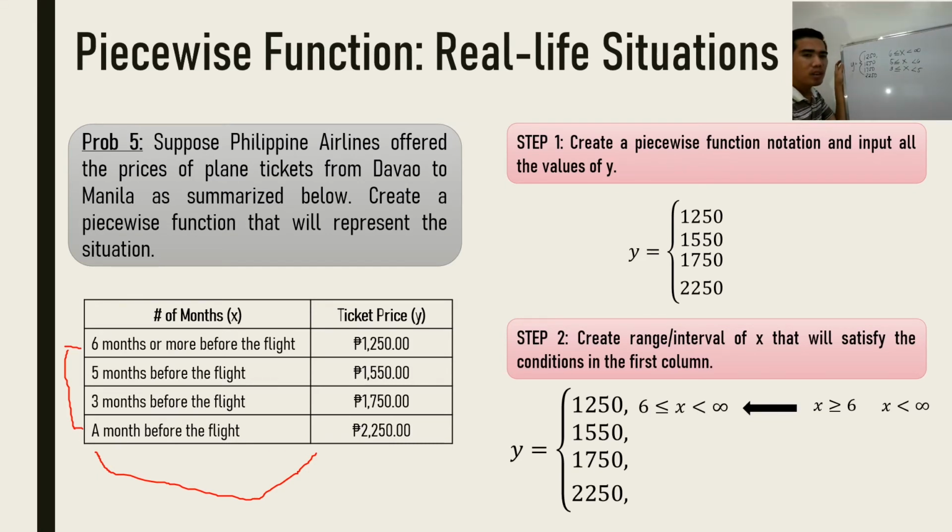How about a month before a flight? Since we have 3 on this side, we have 3 less than X, a month, meaning singular, 1 month. So we have 1. Okay. That's it.